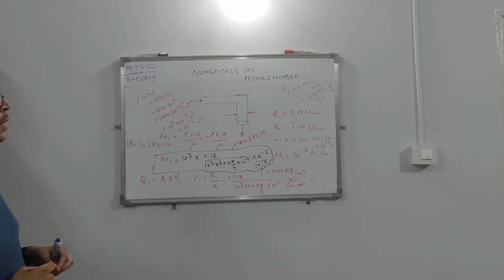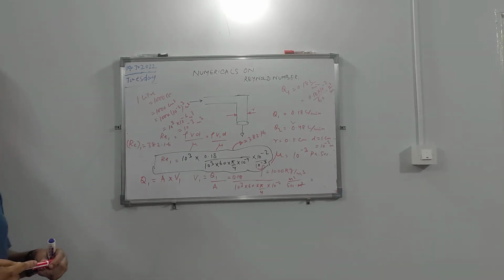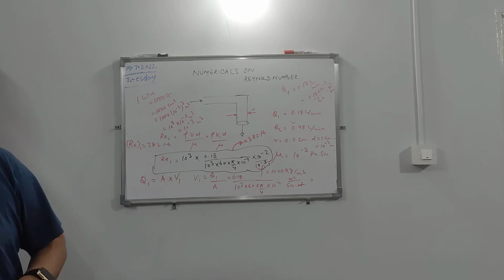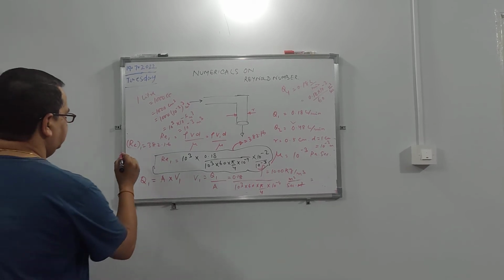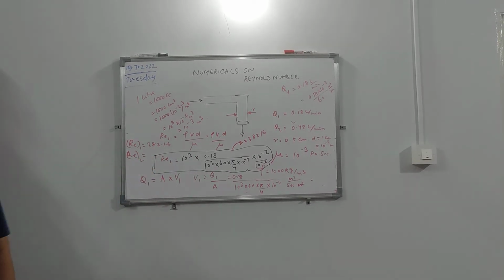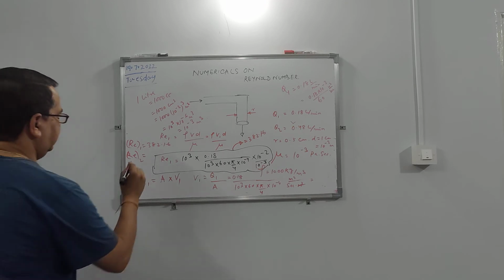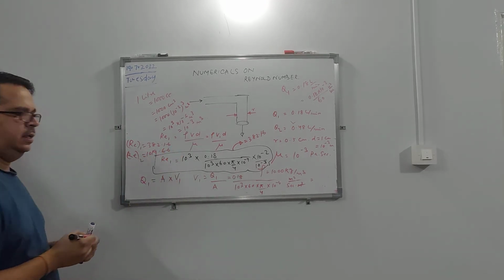So the flow rate has increased from 0.18 to 0.48. So replacing all this, you can find the second Reynolds number. So Re2, if you solve, you will find it out to be 1019.66.